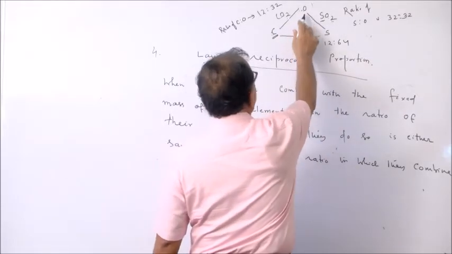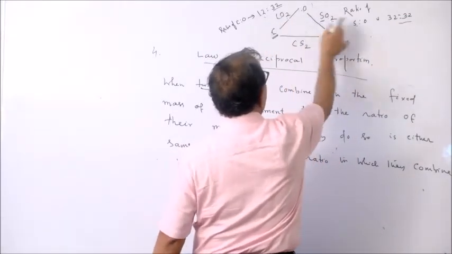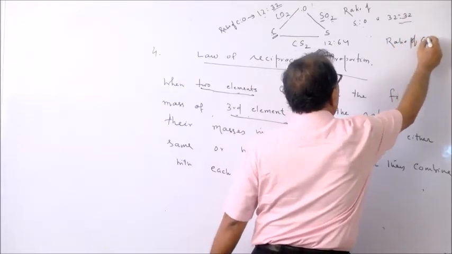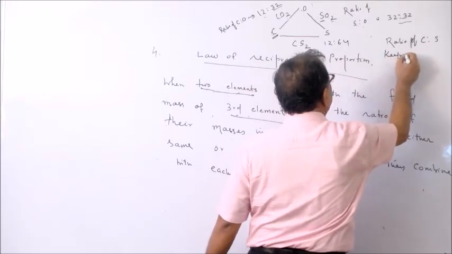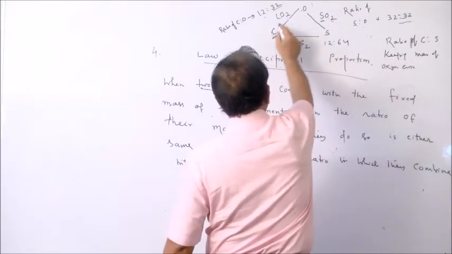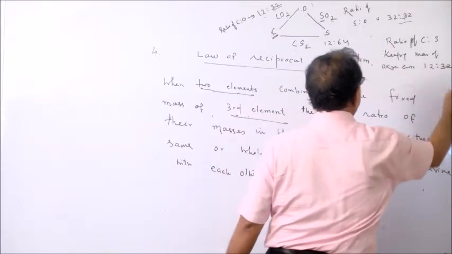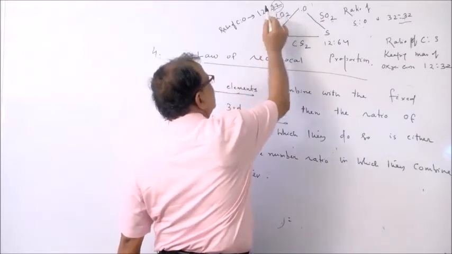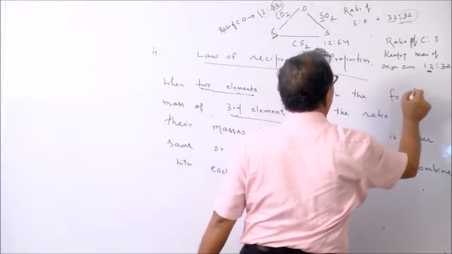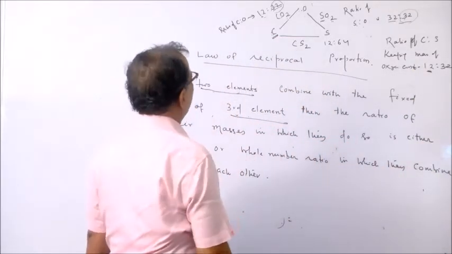If we keep the mass of oxygen constant at 32, the ratio of carbon and sulfur in the two compounds is 12 to 32. Oxygen is 32, sulfur is 32, carbon is 12. So keeping the mass of oxygen constant, carbon to sulfur is 12 to 32.